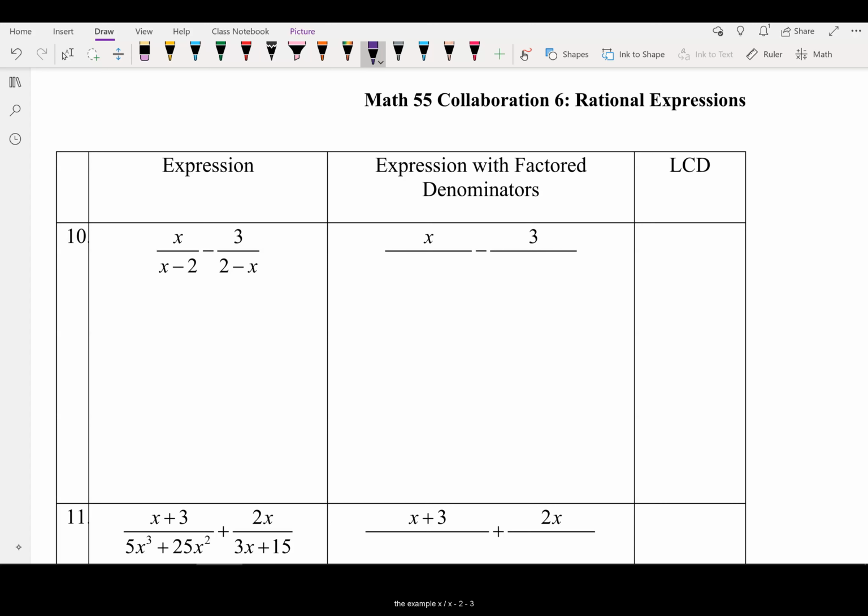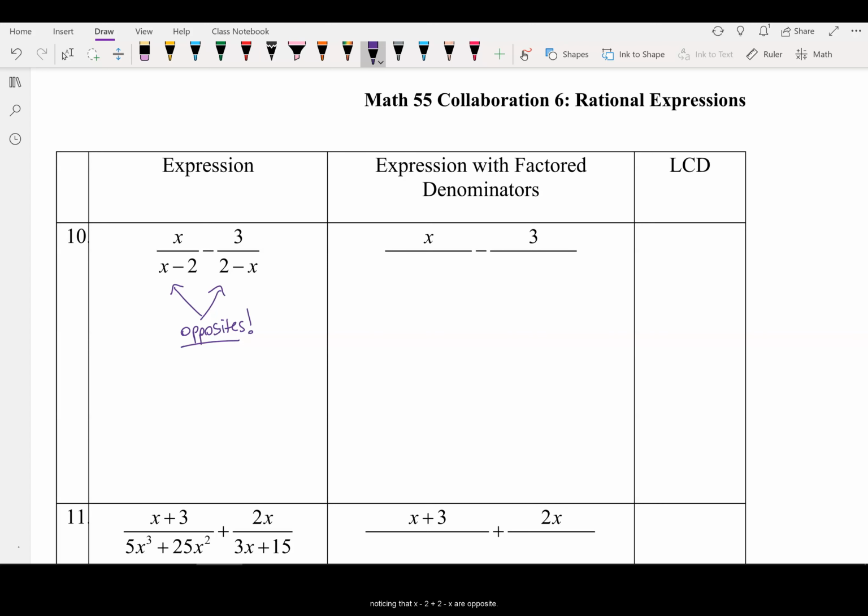OneNote. Here in the example, x divided by x minus 2 minus 3 divided by 2 minus x, we take a look at our denominators and, well, really there's nothing we can factor out right away. One thing to notice that would make it easier to work this problem in the long run is if we recognize the opposites.